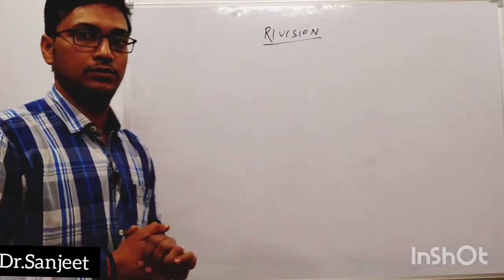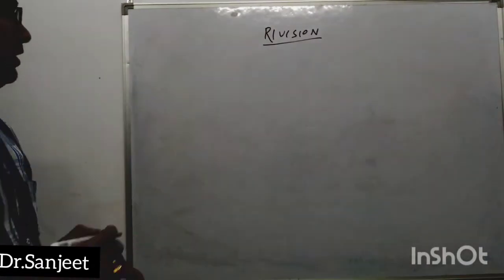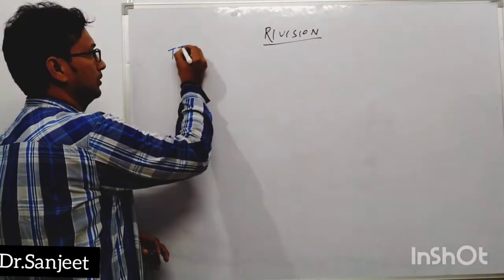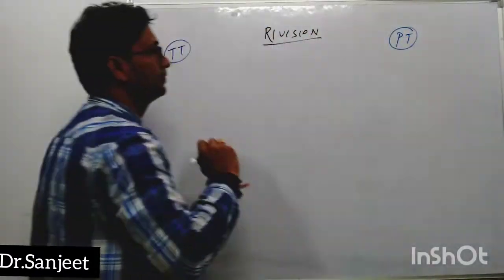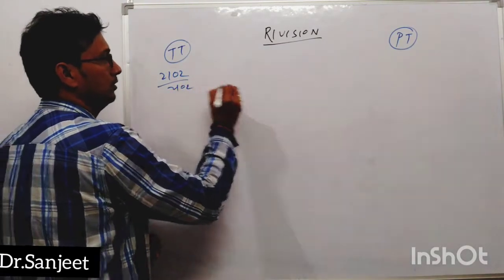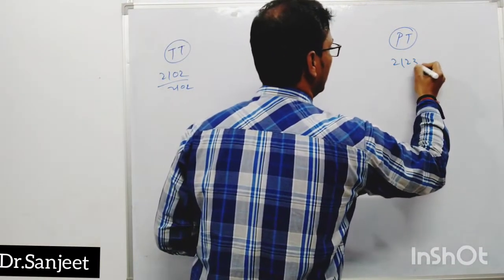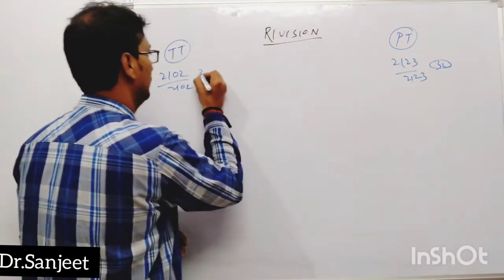Okay, so what we have studied till now: there are two types of teeth, permanent and temporary. Formula is 2102, 2102, 2123, 2123, 32 in number, 20 in number.